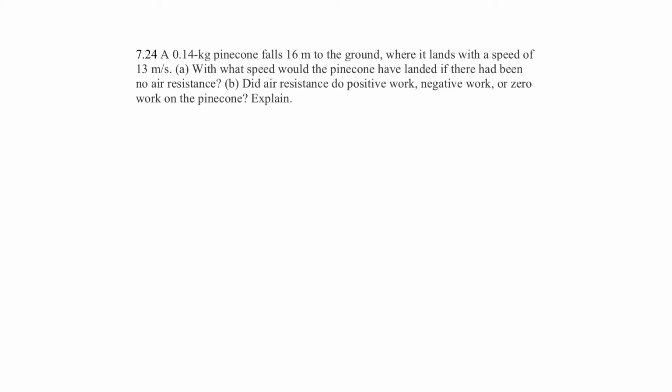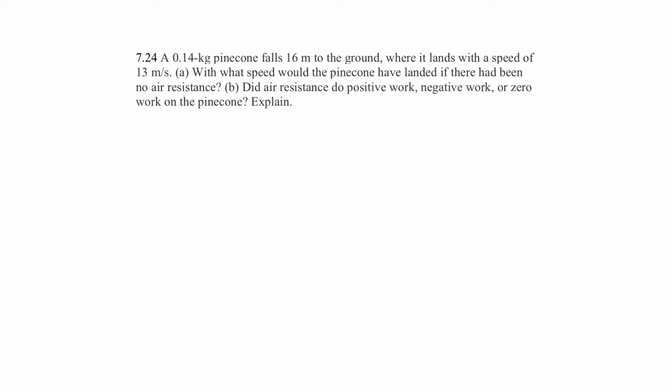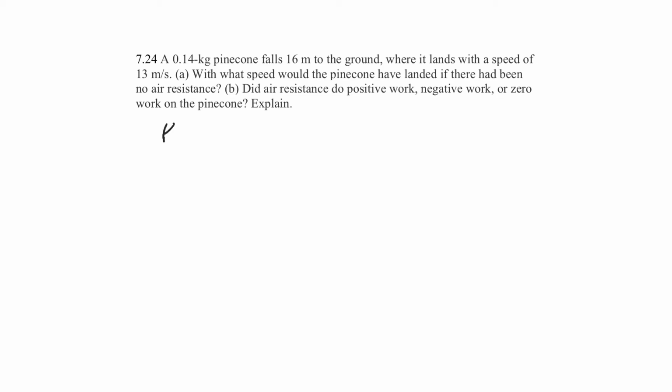All right, well, we know that you've got two different kinds of energy here. Remember, kinetic energy is 1/2 mv squared. Potential energy, which has to do with how high you are in a gravity field and your weight, is equal to mgh.